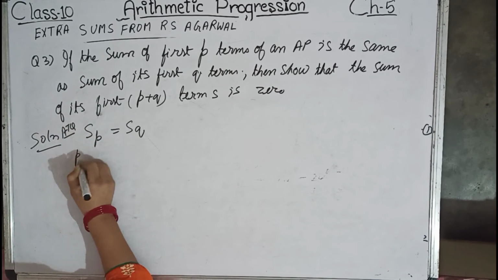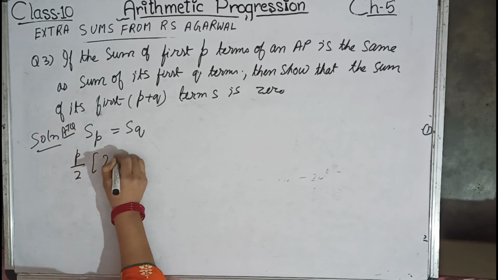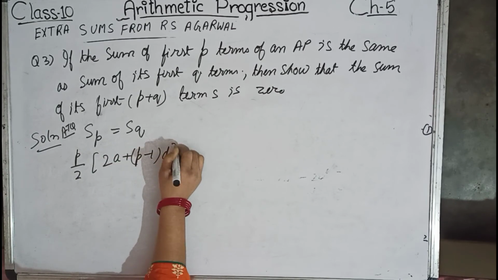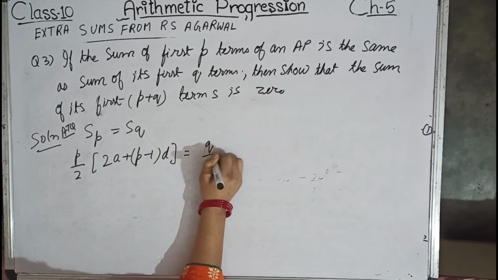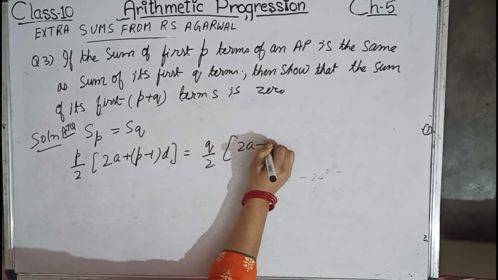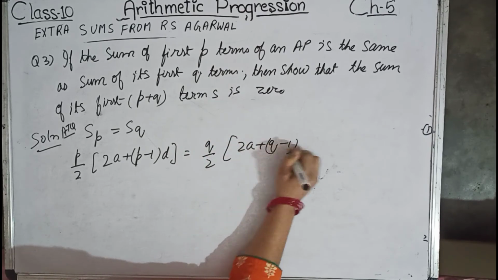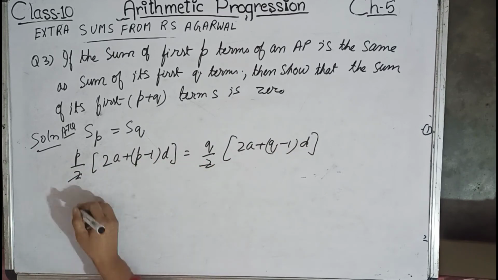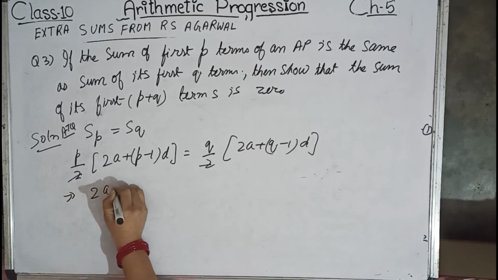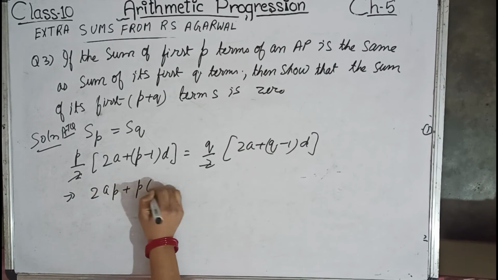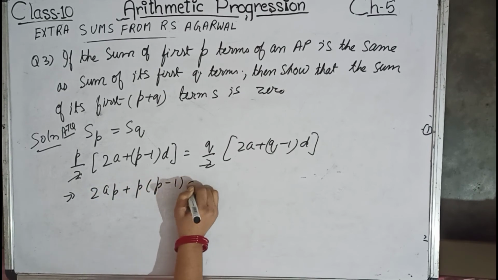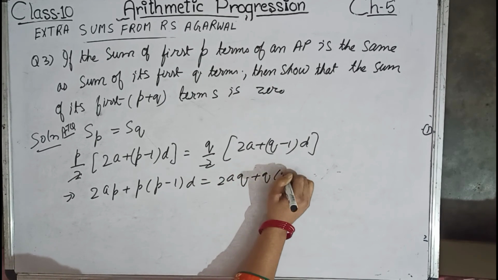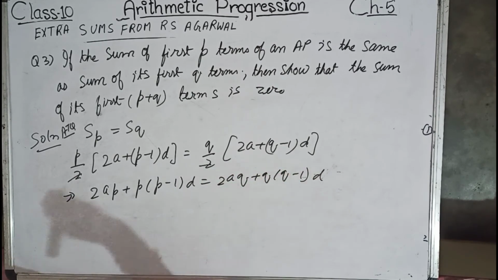SP formula is p by 2 into 2a plus p minus 1 into D, equals q by 2 into 2a plus q minus 1 into D. 2 will be cancelled, and we get 2ap plus p into p minus 1 into D equals 2aq plus q into q minus 1 into D.